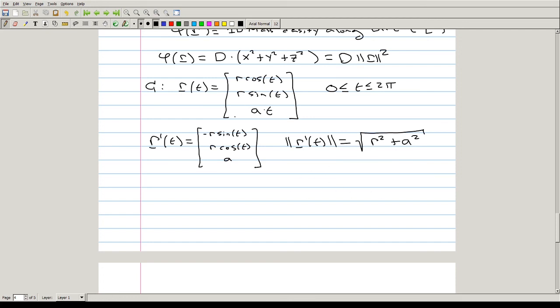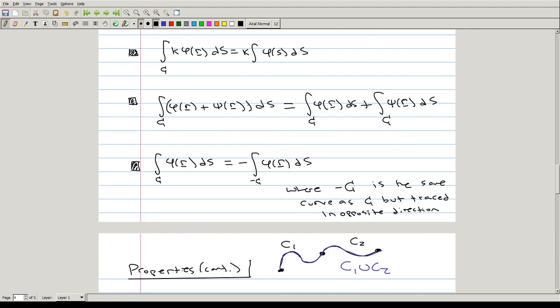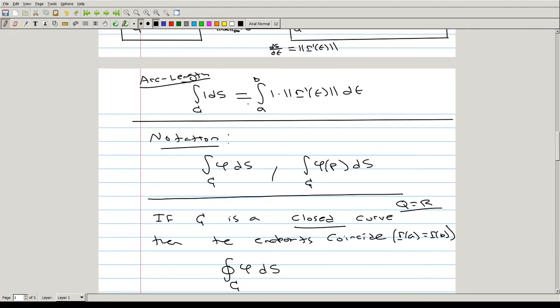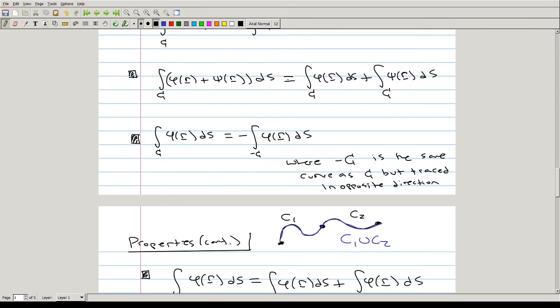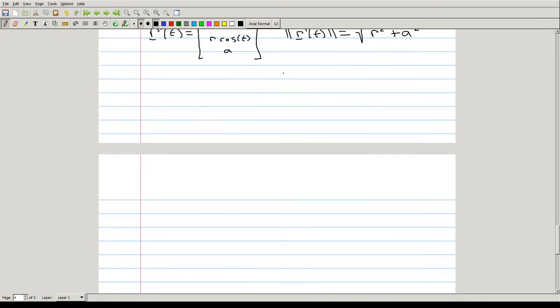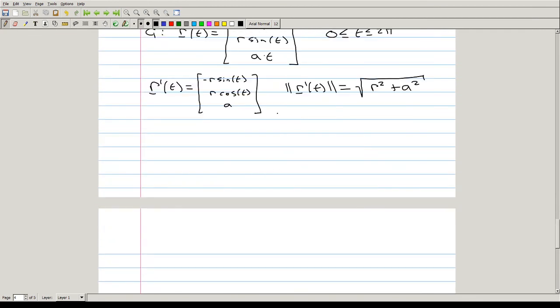We also see in this definite integral that we have phi of r of t, or the value of this scalar function along the curve, at every point on the curve. So we need to figure out what that is.